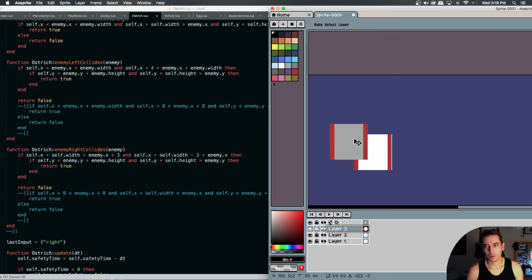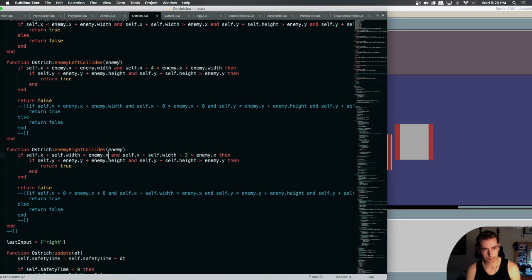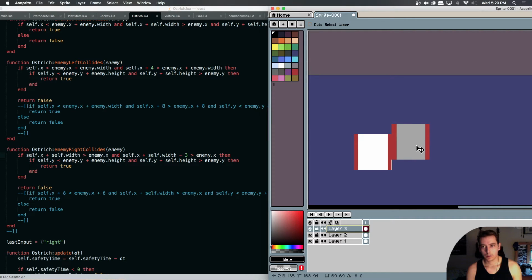But also right here it's greater than the left side, so that's when the other condition comes in. But we need to say greater than the leftmost side of our enemy, greater than just our enemy x. So the rightmost side of our player needs to be greater than the leftmost side of our enemy, yes.